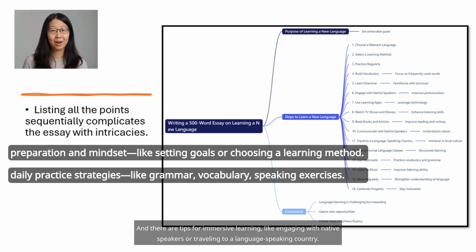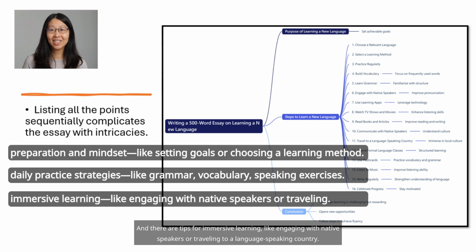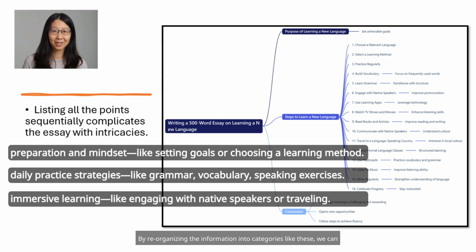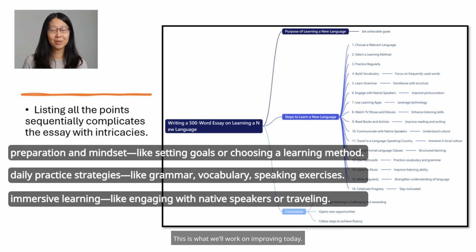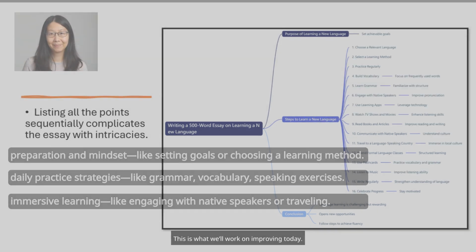And there are tips for immersive learning, like engaging with native speakers or traveling to a language-speaking country. By reorganizing the information into categories like these, we can create a clearer, more structured essay that effectively communicates the process of learning a new language. This is what we'll work on improving today.